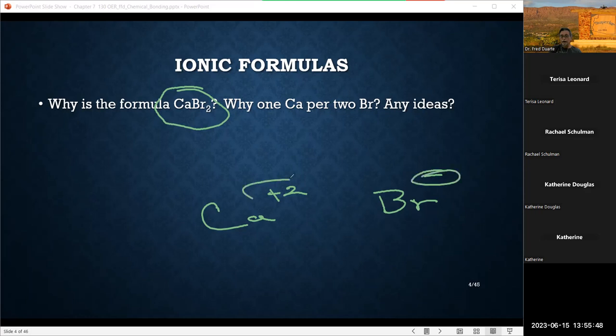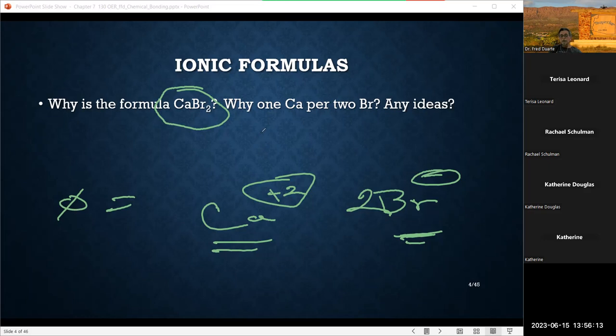All right. Now I want to put these 2 together, but remember, I want to put them together such that the charges equal 0. That means I need 2 bromides for every 1 calcium. Does that make sense?